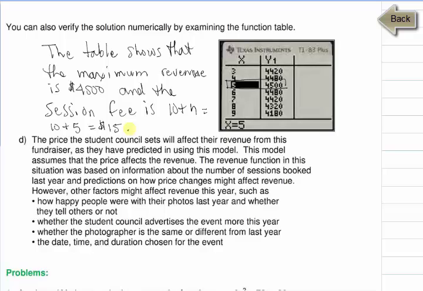Okay, so the last thing that you want to take a look at is what assumptions did you make in creating and using this model function.